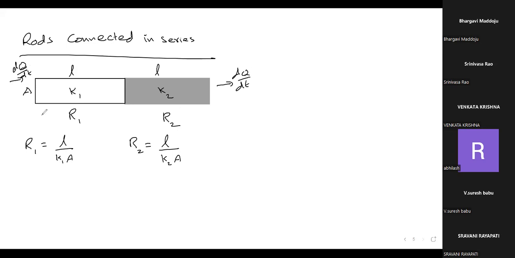So in series, one point you should know: dq by dt, the rate of heat flow, will be the same at any point, any cross section.